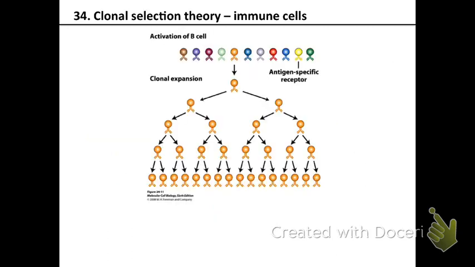For example, this is one example from immune cells, and it's the clonal selection theory. So the immune cells, B cells, are making antibodies, right? And in our environment, we have millions of antigens, right?